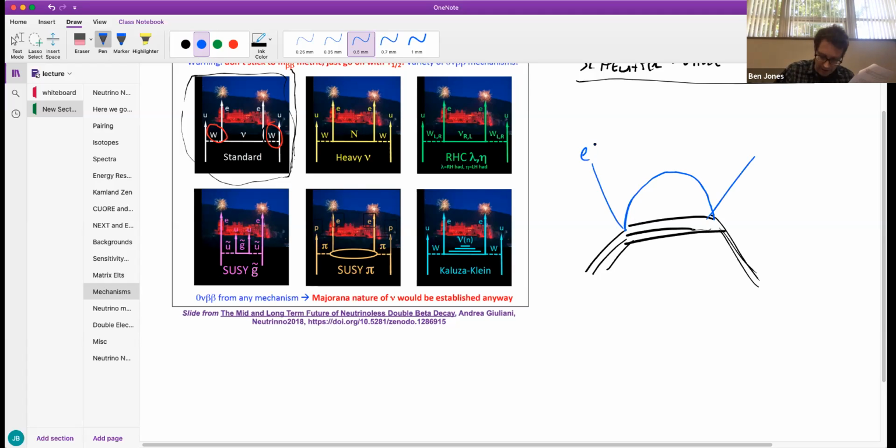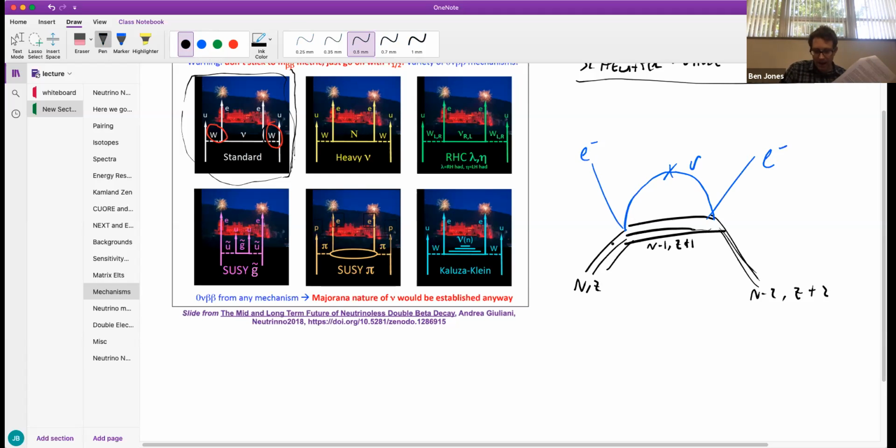These are the electrons, and this is the neutrino, and then this solid black thing is the nucleus. So there's N, Z, there's an intermediate state with N-1, Z+1, and then there's N-2, Z+2 over here. So this is the diagram we're going to analyze here.